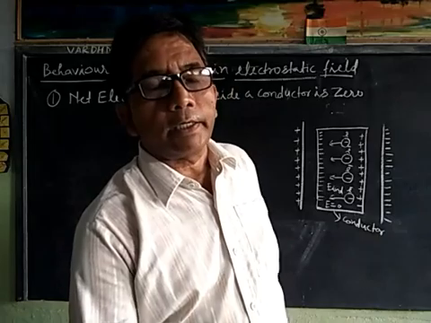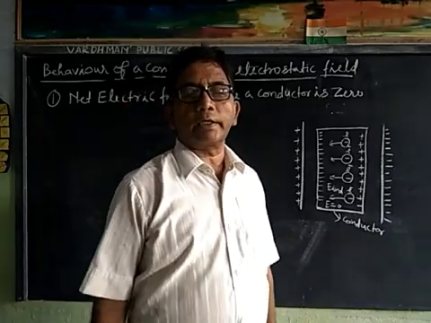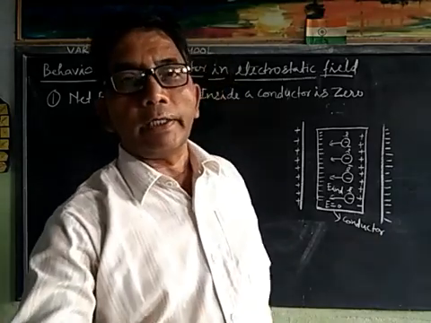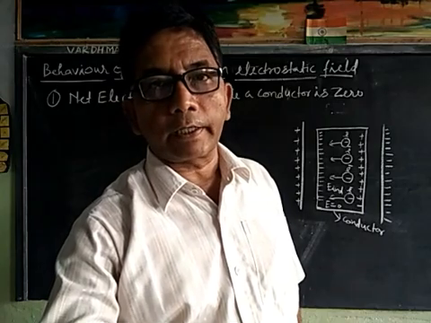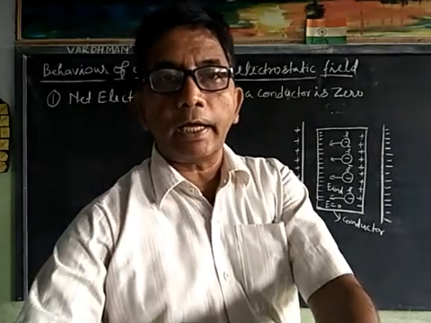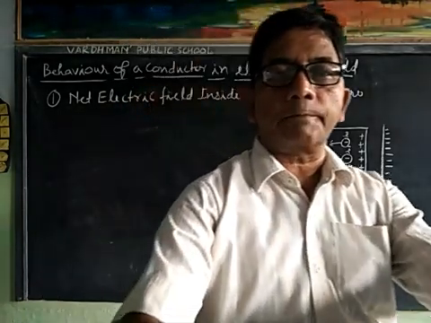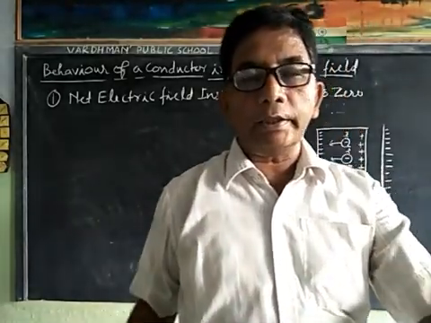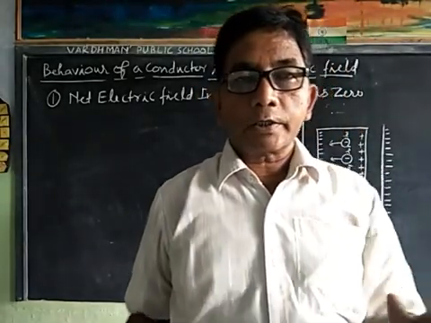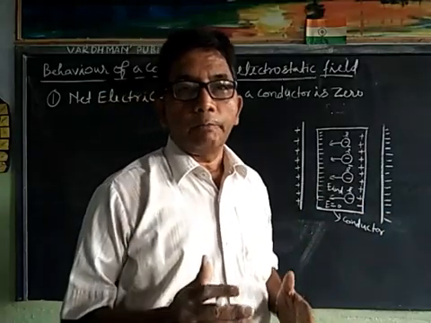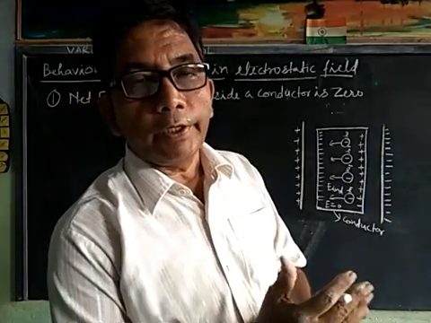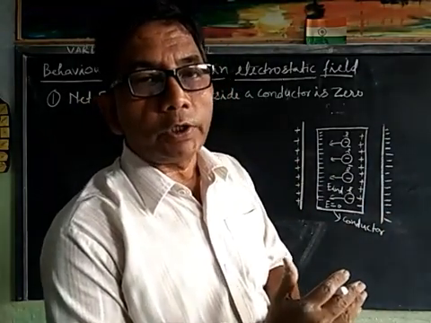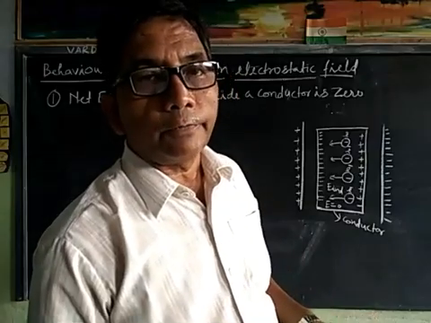Now when a conductor is placed in an external electric field, you can say it E external. Its free electrons begin to move in the opposite direction of electric field.